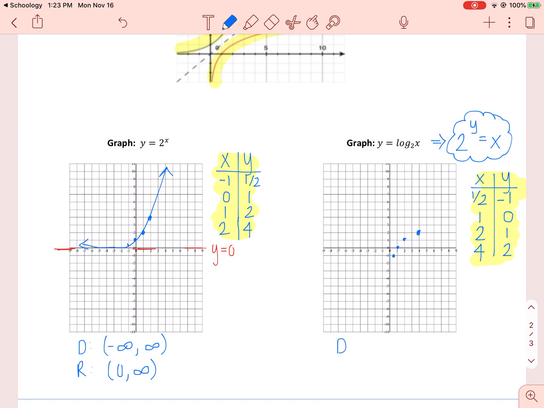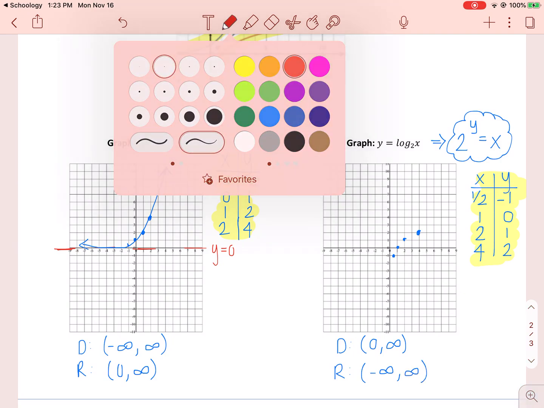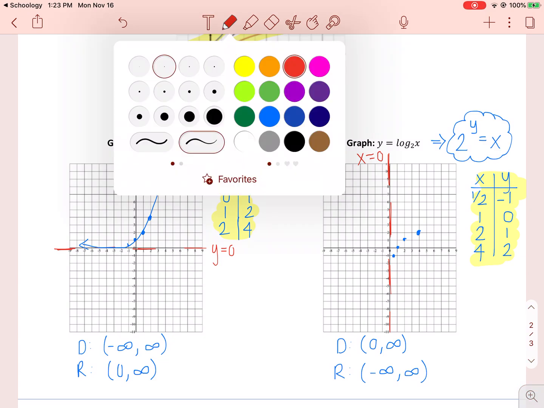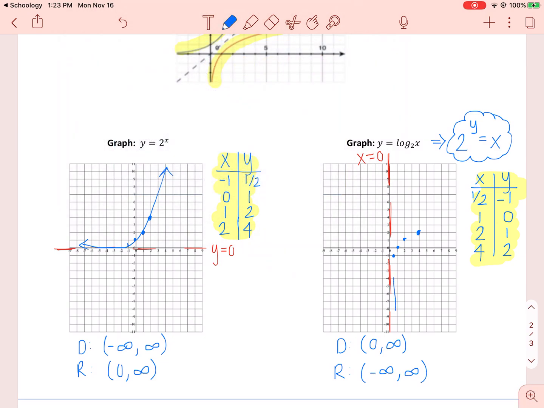So now your domain is going to be 0 to infinity. Your range this time will have no restriction. Your asymptote changes as well. Instead of being y equals 0, it's now x equals 0. And then you can connect your values.